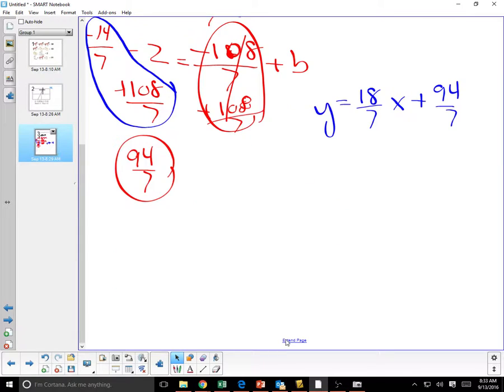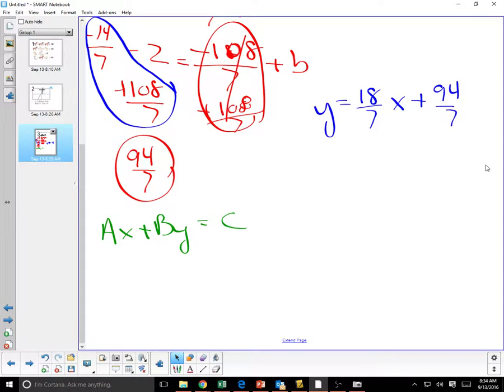So, I have that equation and I need it to be in standard form. A reminder, it was on the slide yesterday. Standard form looks like this. It's ax plus by equals c. Okay, let's do it.